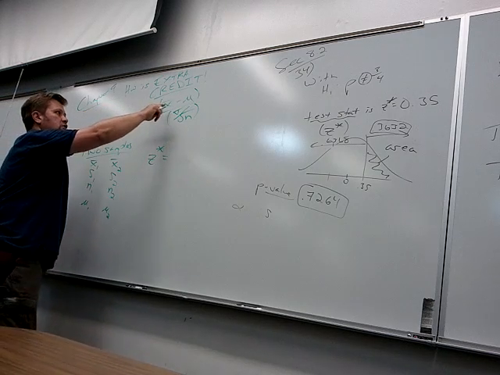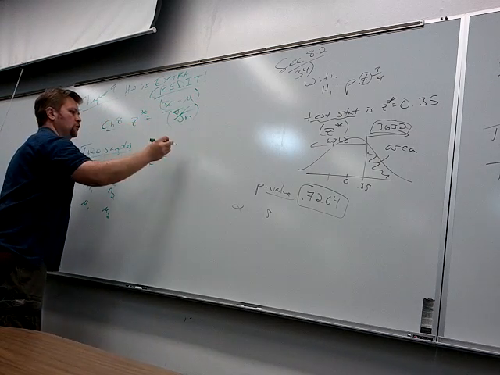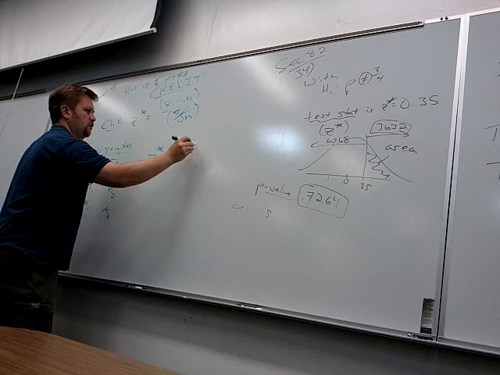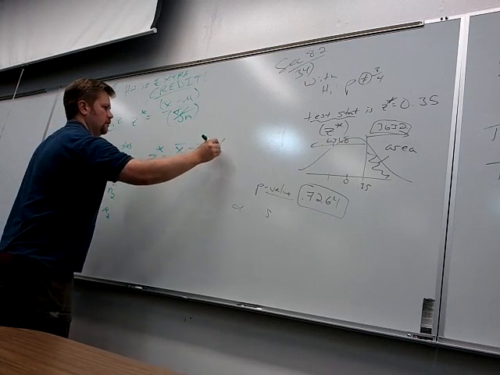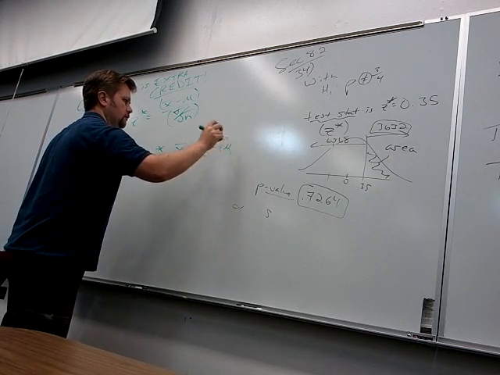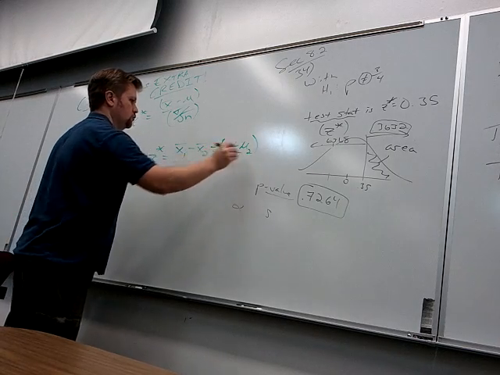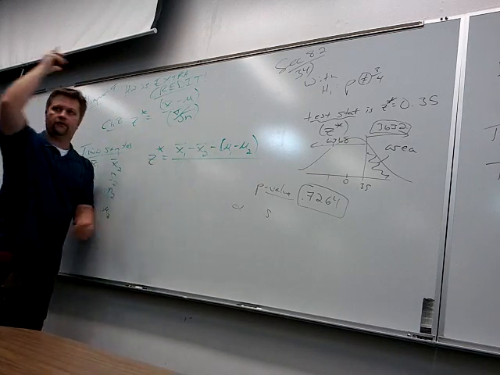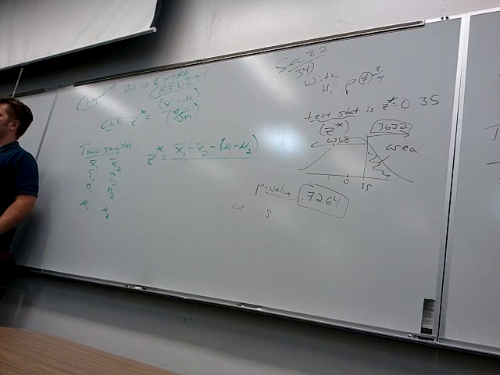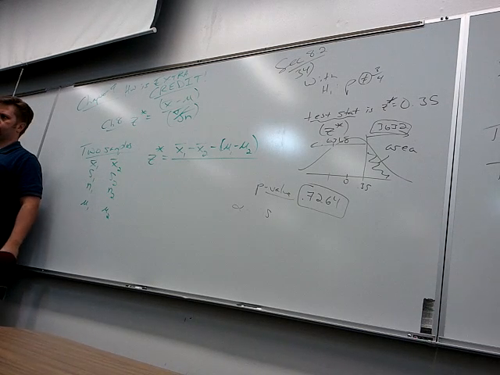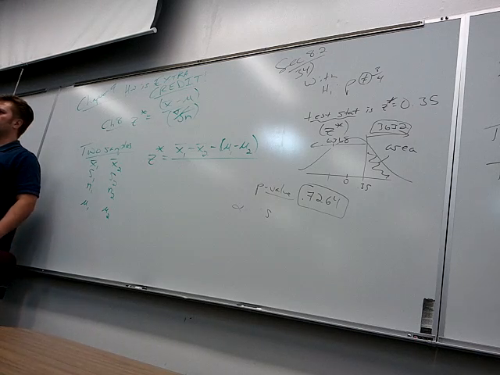So on top, I wouldn't just have x bar minus mu. I'd have x bar 1 minus x bar 2 minus mu 1 minus mu 2. I double everything. It's going to be minus mu1 plus mu2 without parentheses. Sure, if you want to.